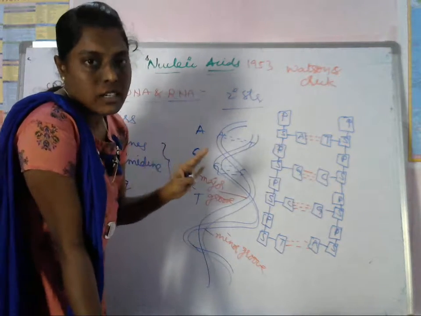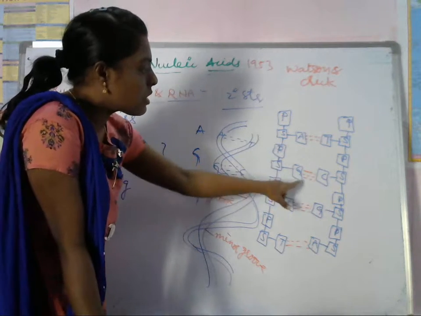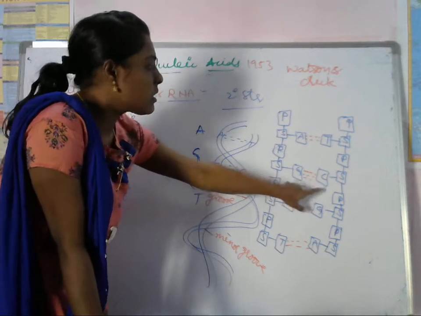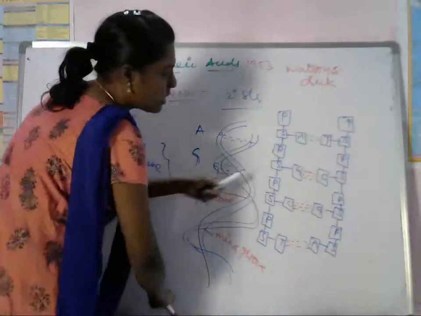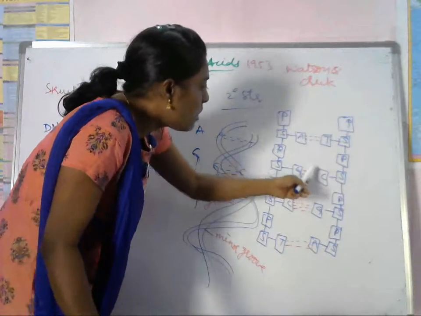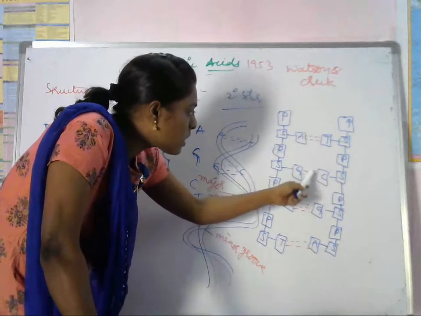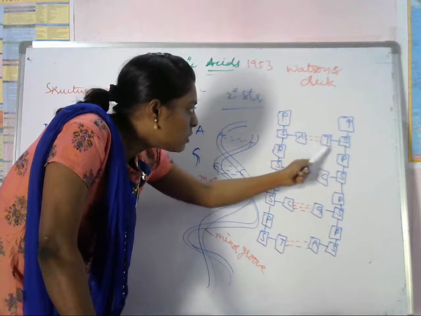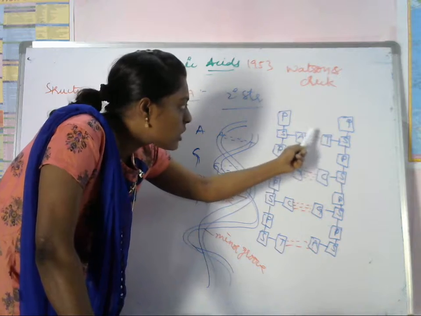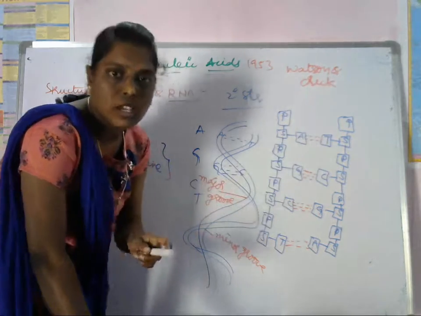There are three hydrogen interactions present between guanine and cytosine. If you see here, I have already shown you with this red marker: 1, 2, 3. But between A and thymine, there are two hydrogen interactions.